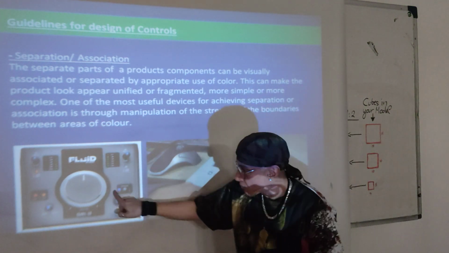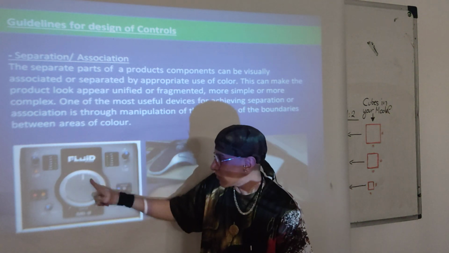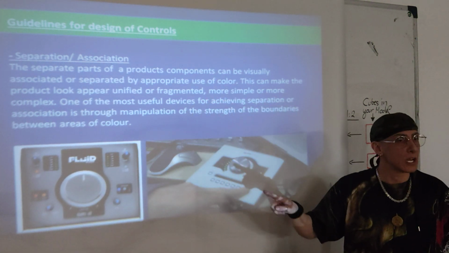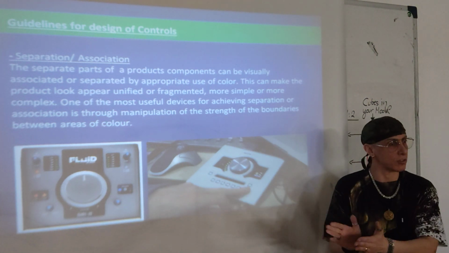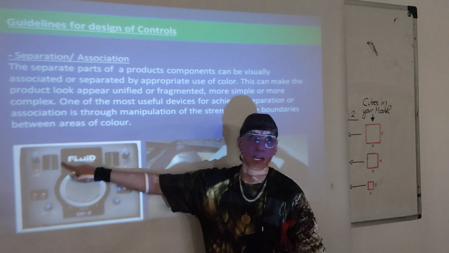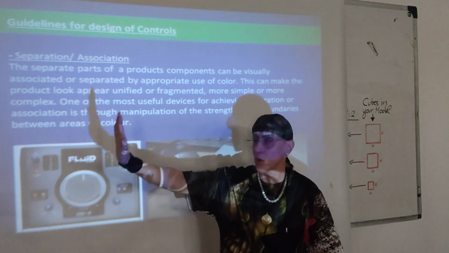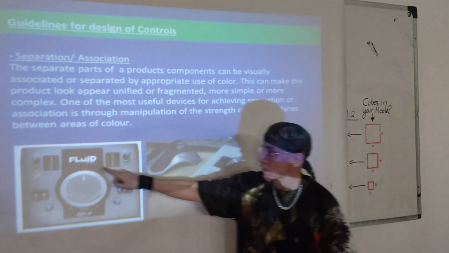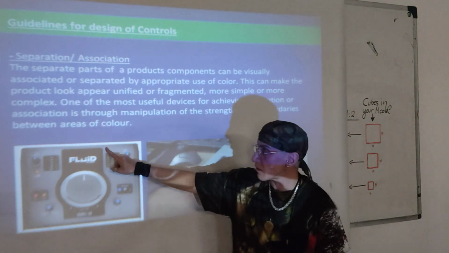Now if you notice this black color here, this black color behind this control, it doesn't serve any direct function. Like I can remove this black color now and leave it all gray. This color, all gray. Or I can make it white, or I can make it green, or I can make it another color, or a different shape.